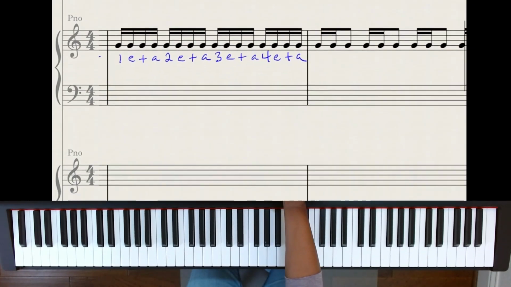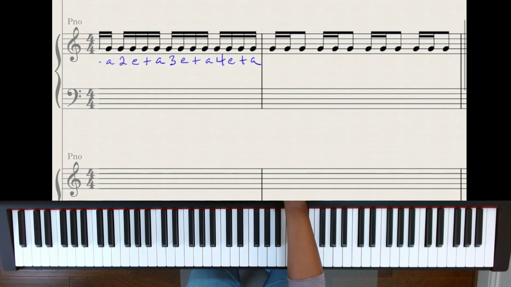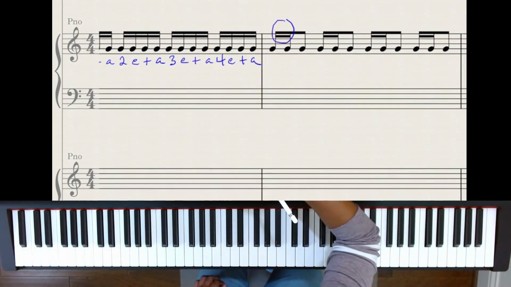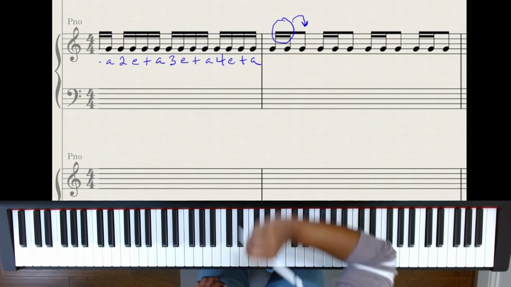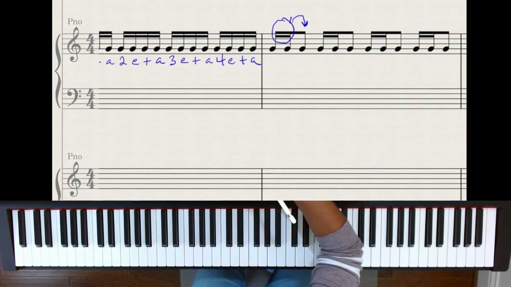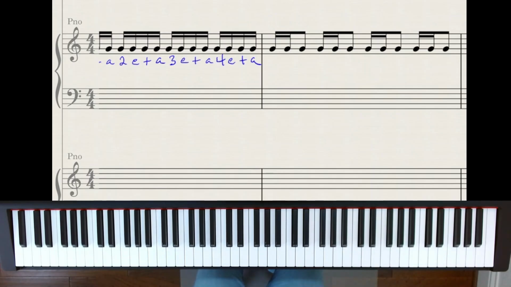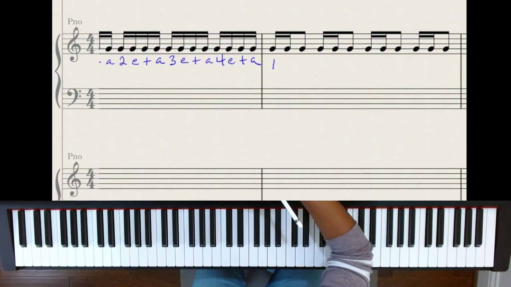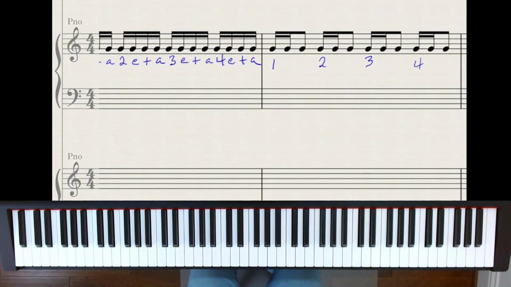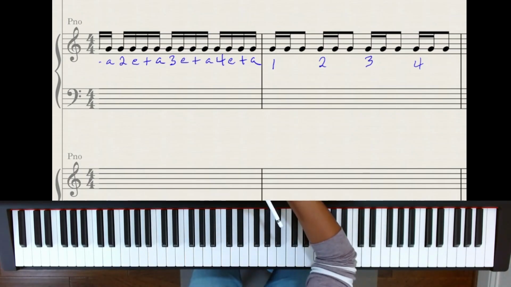In the next measure, we have 2 16th notes connected to an 8th note. Remember, we can fit 2 16th notes within 1 8th note. We're going to number our beats 1, 2, 3, and 4, and then add the rest of our syllables.